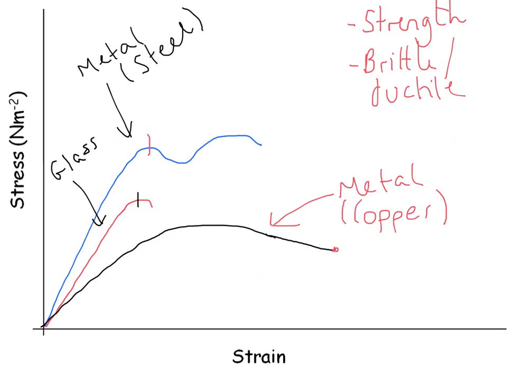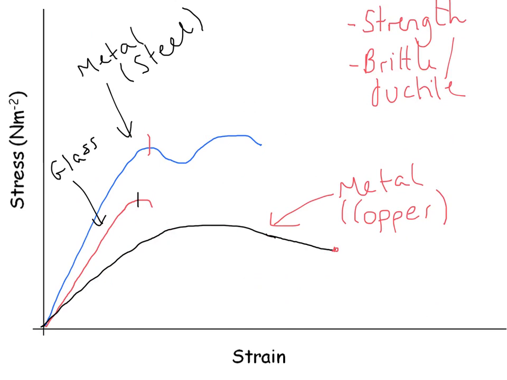So those are some typical graphs of materials, and depending on the use of a material, you'd look for different characteristics from this graph. So say in a question you're asked for a material to be used as a construction material, like in buildings, you're going to want a graph that looks something like this one at the top, with this long region before you reach the limit of proportionality and a very high ultimate tensile stress.